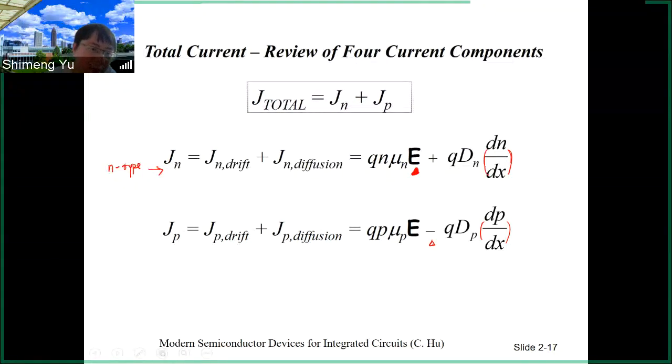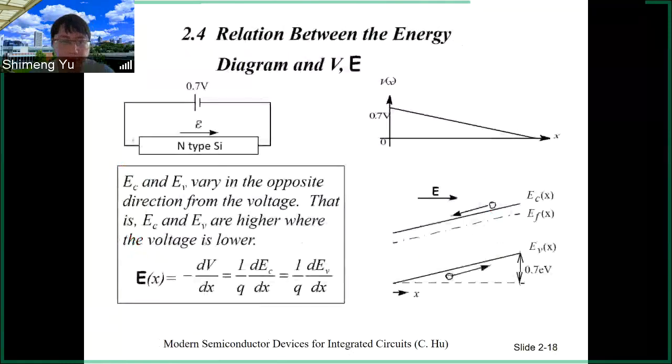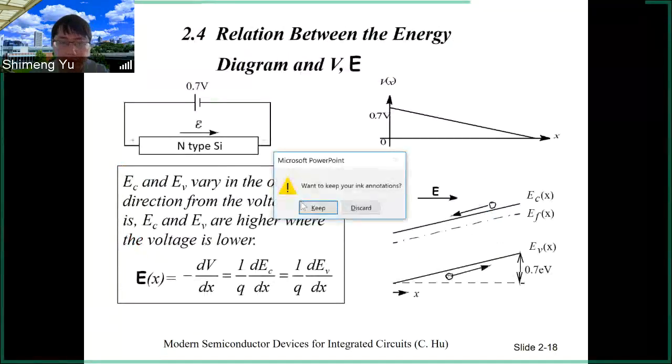And for the P-type, you can only consider the hole current density. Only when you are in the intrinsic semiconductor where the electron and hole are comparable, then you may need to consider both. Alright, then before we talk about this one, any questions?